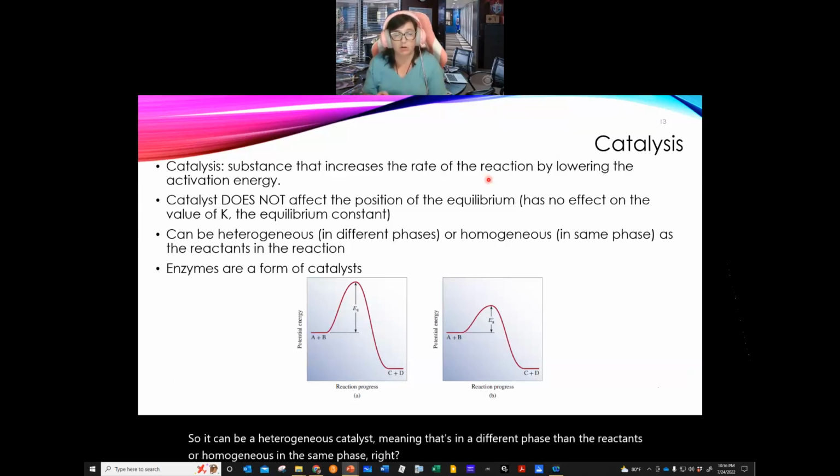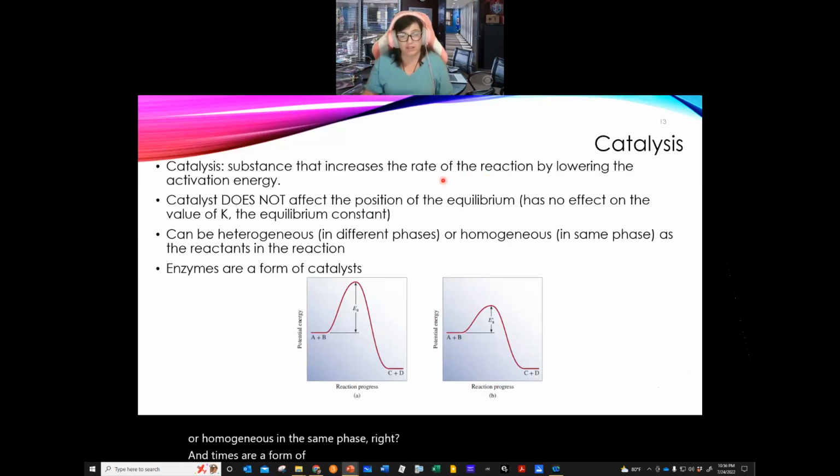And enzymes are a form of catalyst, okay? So again, the only thing that catalyst does is lower that activation energy. The catalyst is not consumed in this process, all right? It is given back to us. And all it does is lower that activation energy.